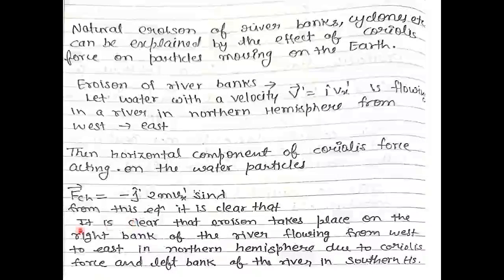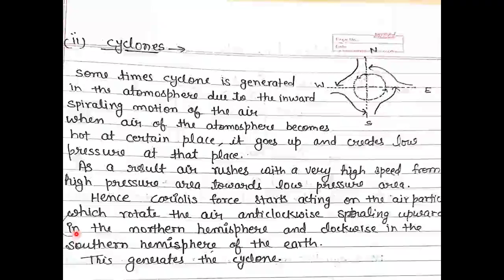From this equation, it is clear that erosion takes place on the right bank of the river flowing from west to east in northern hemisphere due to Coriolis force, and on the left bank of the river in the southern hemisphere.